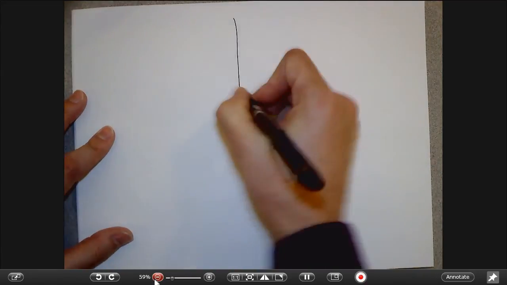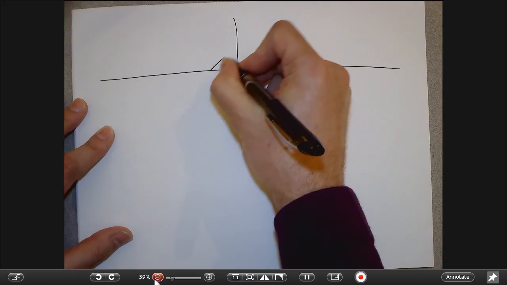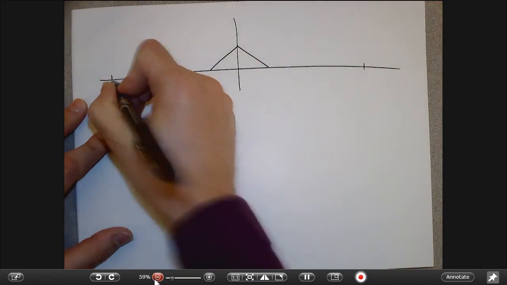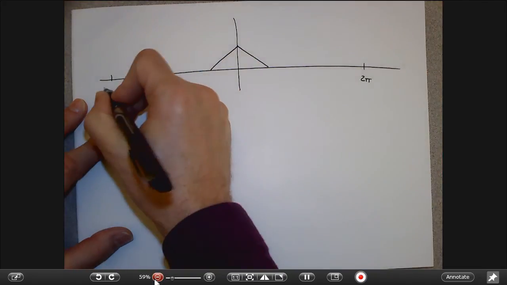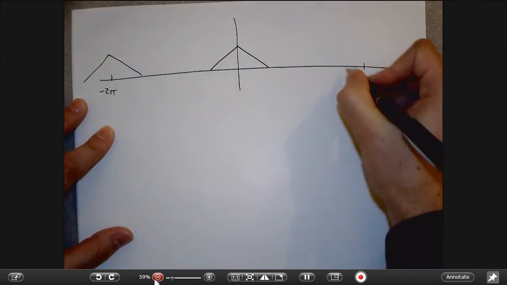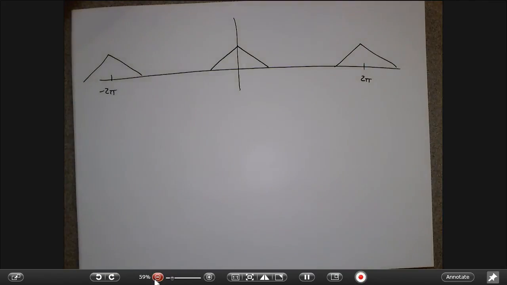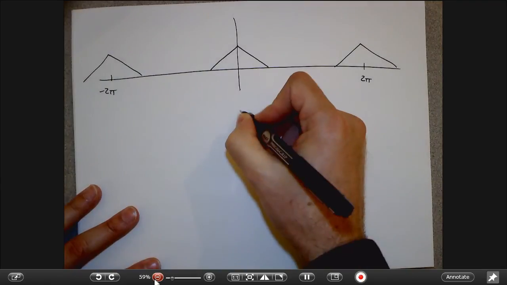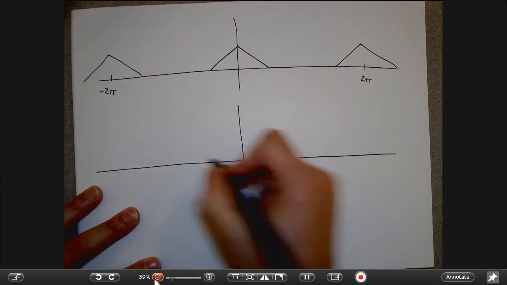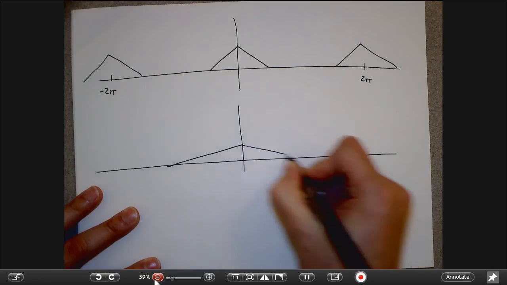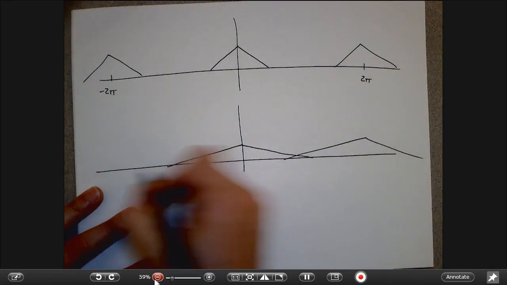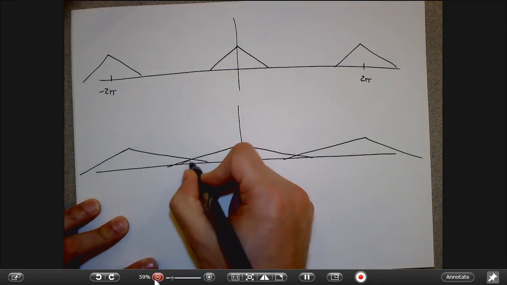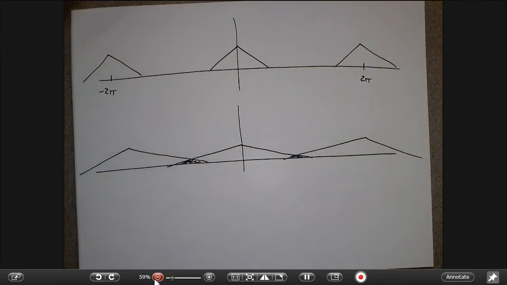So if this is my frequency domain version, and again, this is kind of a throwback to our DSP class, so if this is what the Fourier transform of my original image looked like, and now I downsample it, what happens is that these copies shrink and spread out. And this is where things can go wrong. When they spread out, I can get this aliasing where low frequency stuff in the original image turns into what appears to be high frequency stuff.